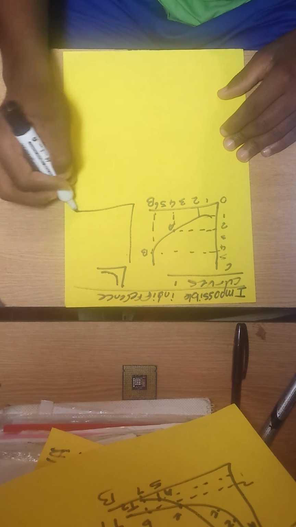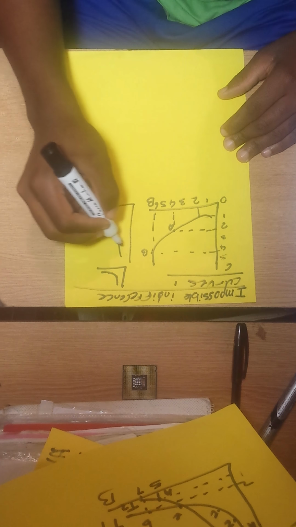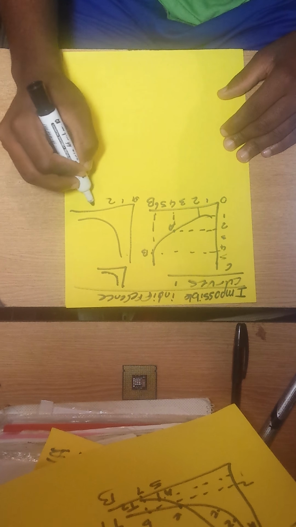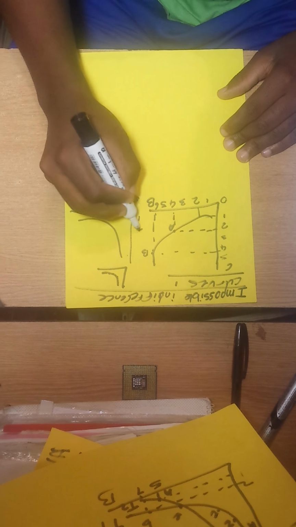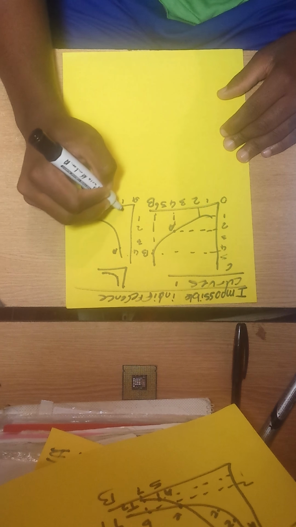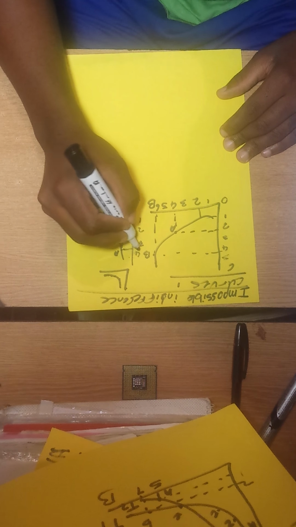It's better to show you on a downward sloping one. See, downward sloping one. Let's say 0, 1, 2, 3, 4, and 1, 2, 3, 4. This is A. On A, I'm getting 1 slice of bread, 3 slices of cheese.